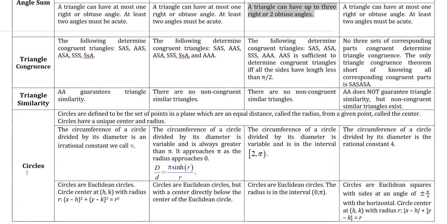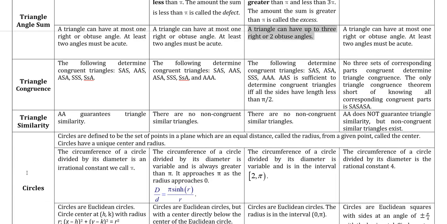All right, we spent a lot of time talking about triangle congruence. So the following are enough to determine that the triangles are congruent in Euclidean geometry: side angle side, SAS; AAS; angle side angle, ASA; side side side, SSS; and big S little sa, which is SSA with an extra condition that the side opposite the A, the angle that we know, is bigger than the other side that we know.